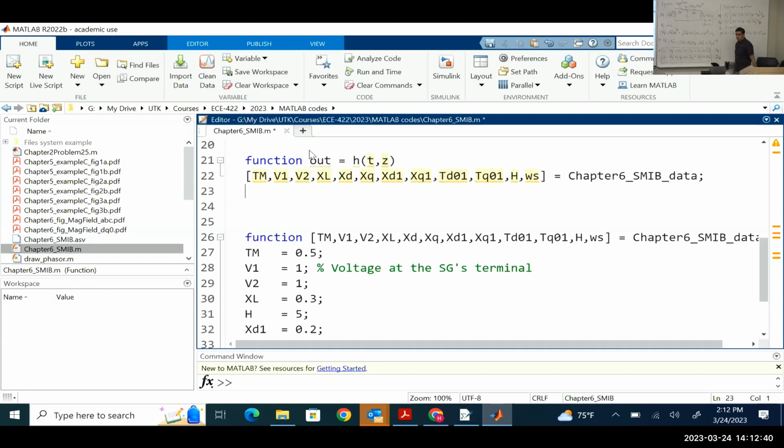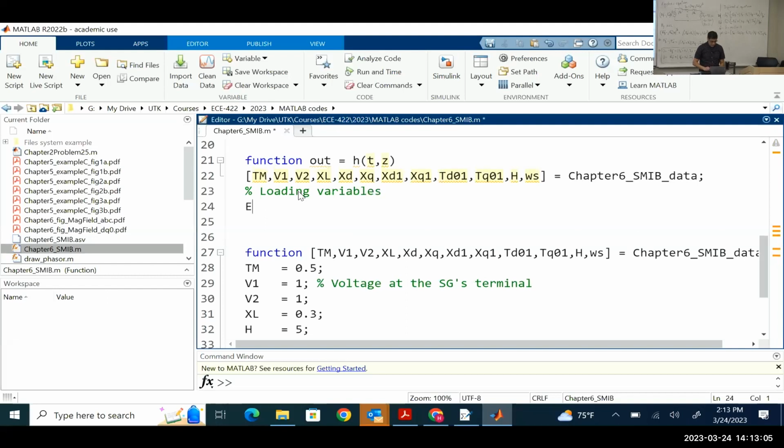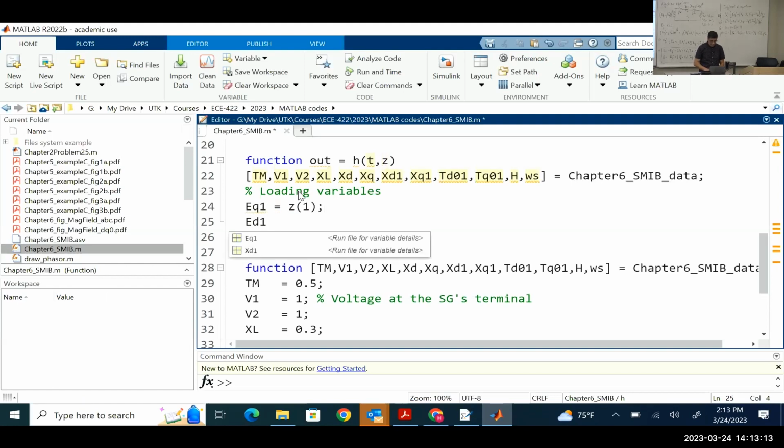These are algebraic equations. So when you go to that function, then we need to load all the variables, because for a given time t, we're going to have in Z all our variables. And we're going to load the variables in that order. So we're going to put here loading variables. So EQ prime is going to be the first component in the vector Z. ED prime, second component.